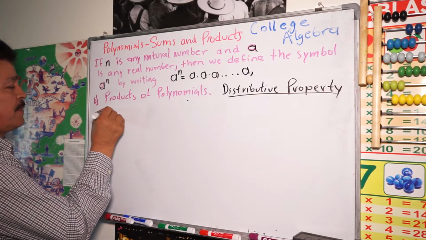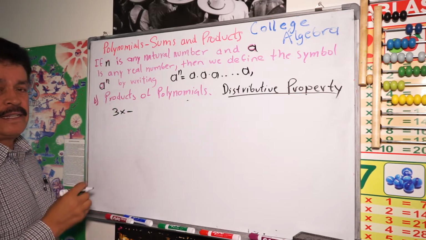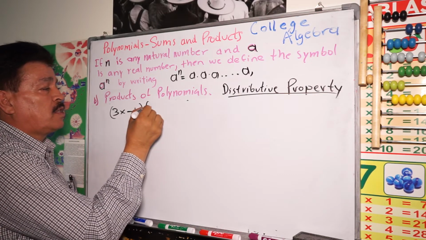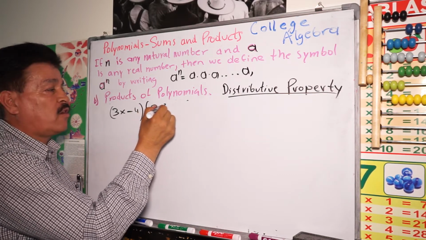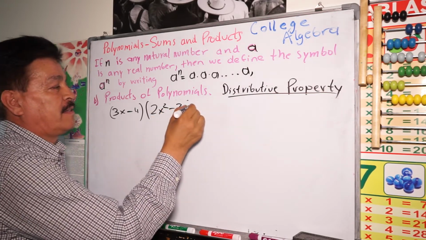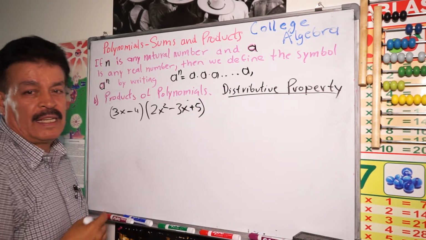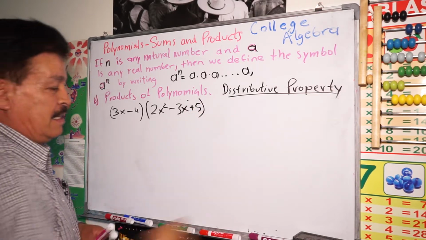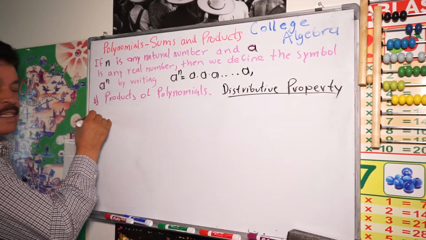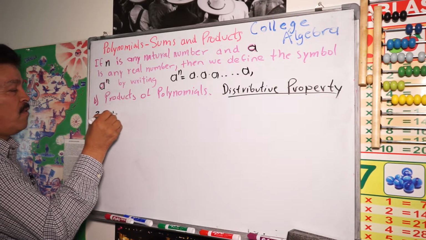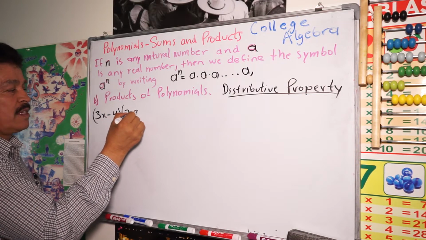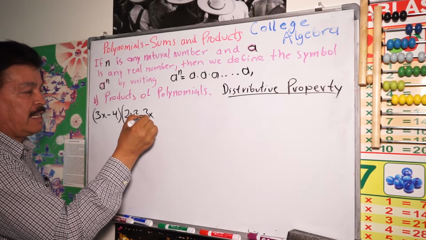Let's write 3x minus 4, times 2x to the second power minus 3x plus 5. Let me write that again because I don't have enough space. You just write 3x minus 4, times 2x to the second power minus 3x plus 5.